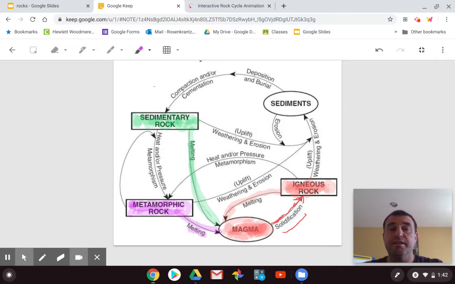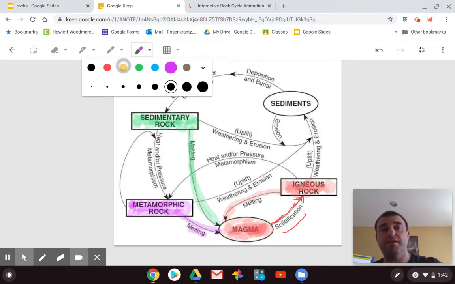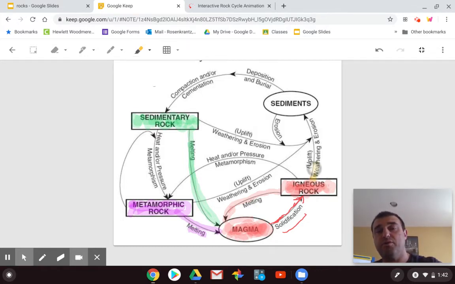All right? Now let's go over how we get a sedimentary rock. So if any rock got broken down into pieces, the breaking down into pieces is called weathering and erosion. So rivers, rain, waves slowly break the rocks down.